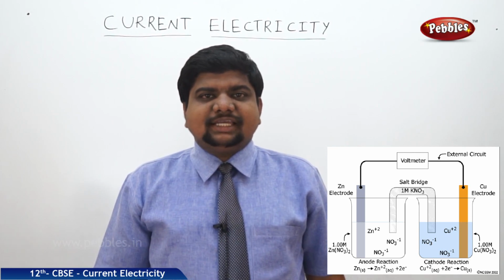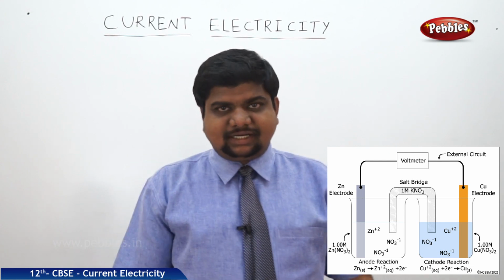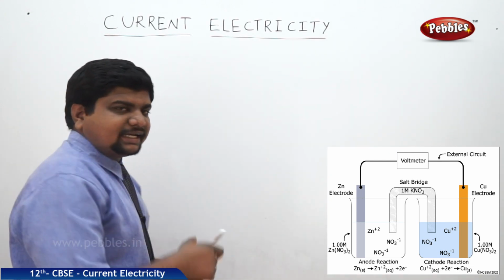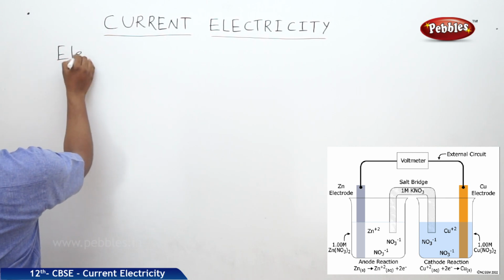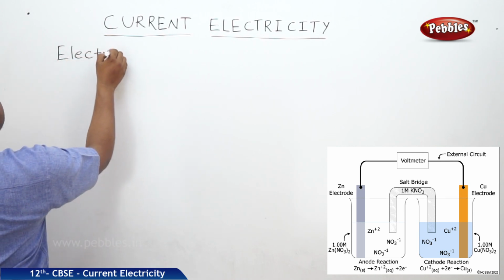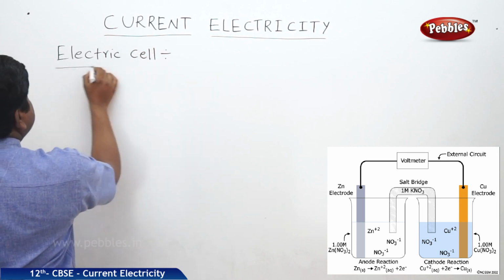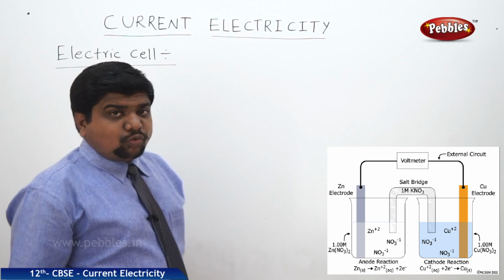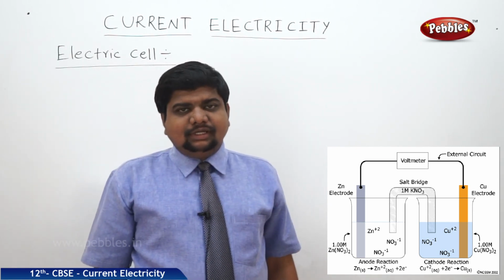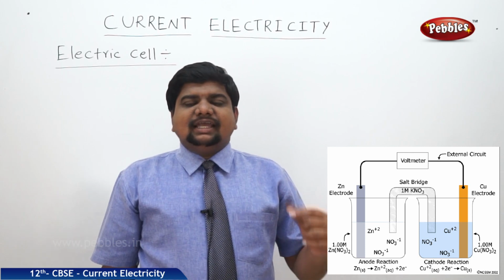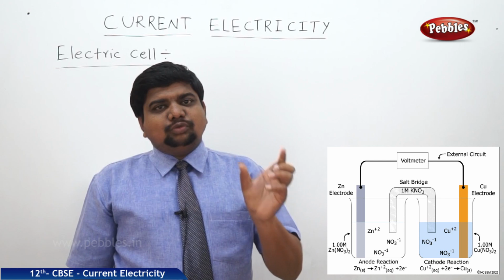Now we will discuss the electric cell and the terms related to the electric cell. First of all, we will see what is an electric cell. The most widely used electric cells are of two types, dry cell and electrolyte cell. Electrolyte cell is a cell which contains an electrolyte solution and two rods.